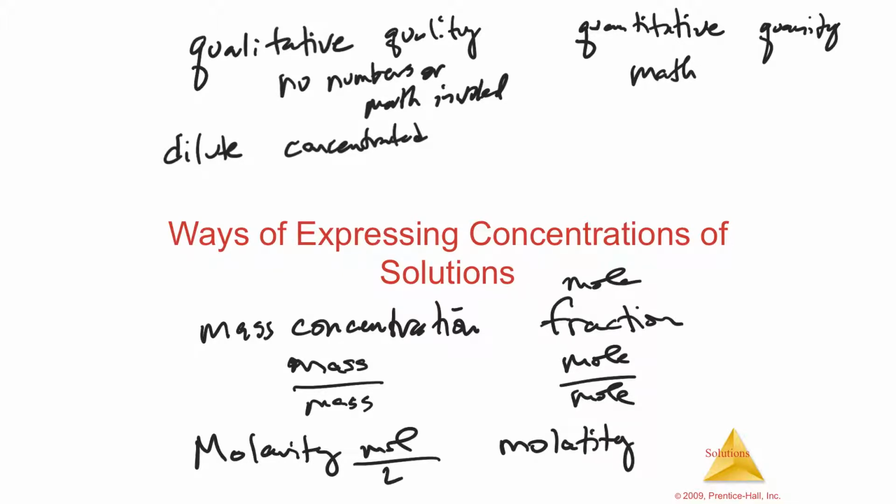I used capital M for molarity and lowercase m for molality because they both start with M. I'll show you why. Molality is also using moles, but instead of liters of solution, which is a volume, they're giving you a mass, the mass of the solvent. And we'll see why that's necessary in a minute.